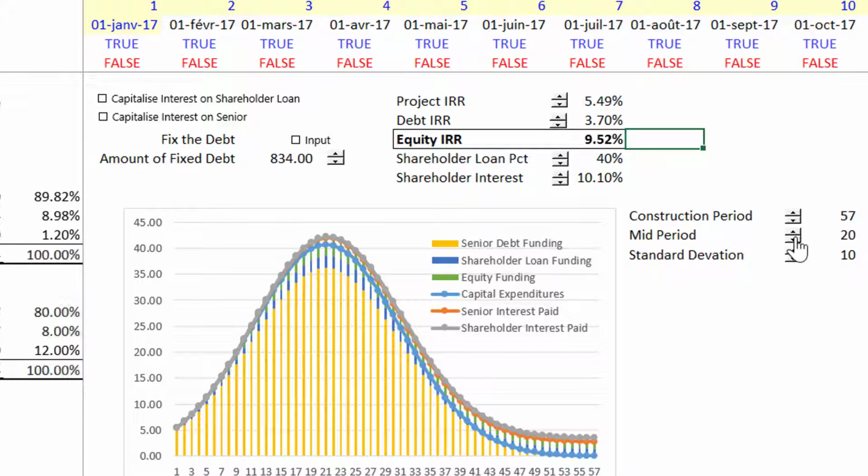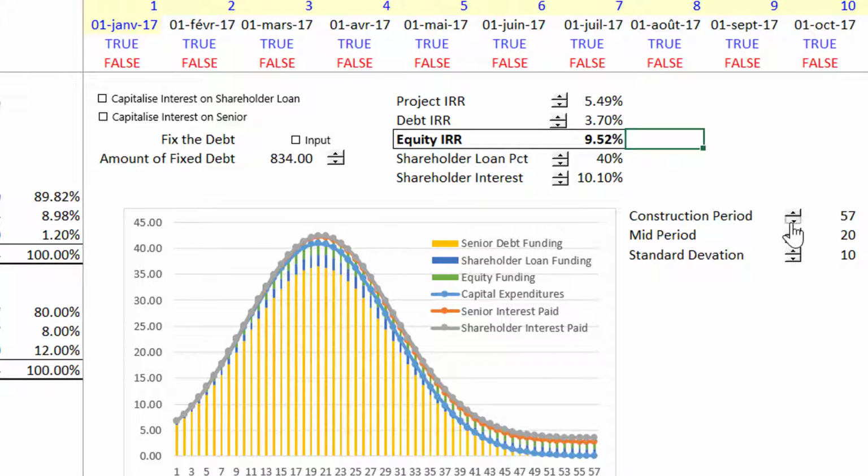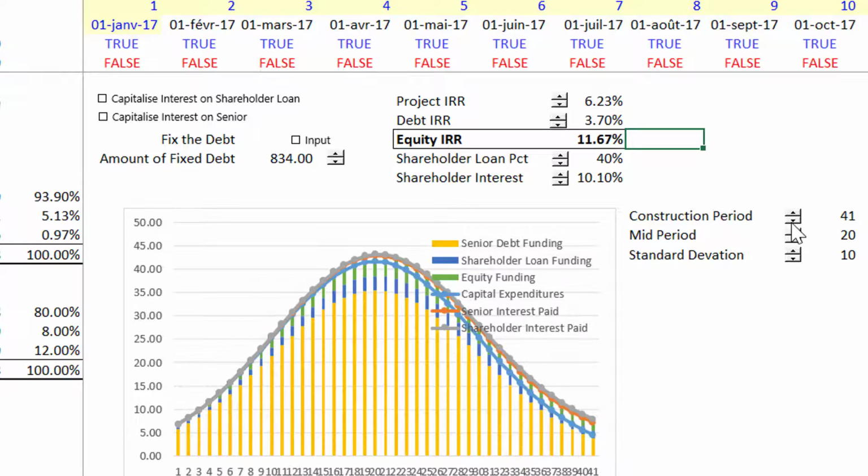Okay, and then if you would make the construction period shorter, it actually would cut off some of the things here, just a second. And then if you make it really long, it kind of leaves the construction expenditures there, and you just have to sit and wait until you get paid.